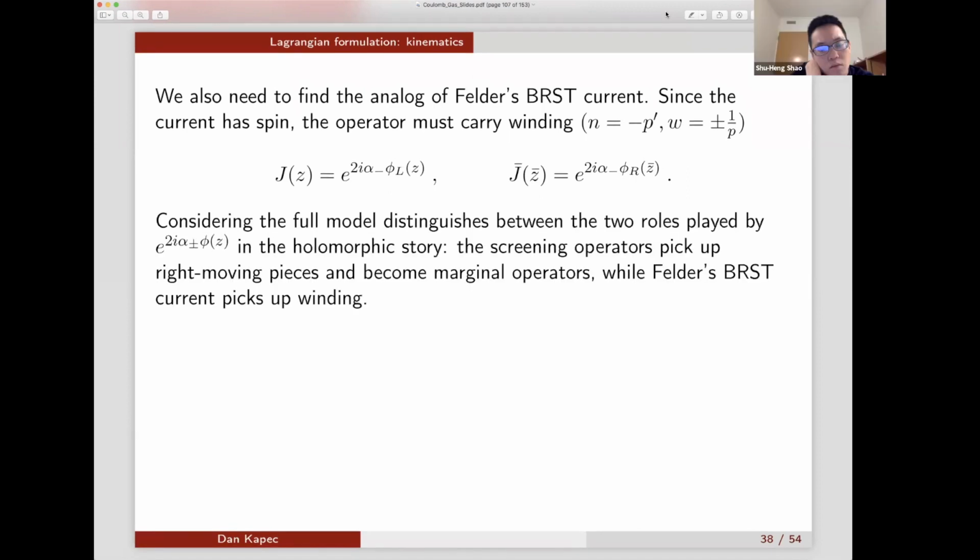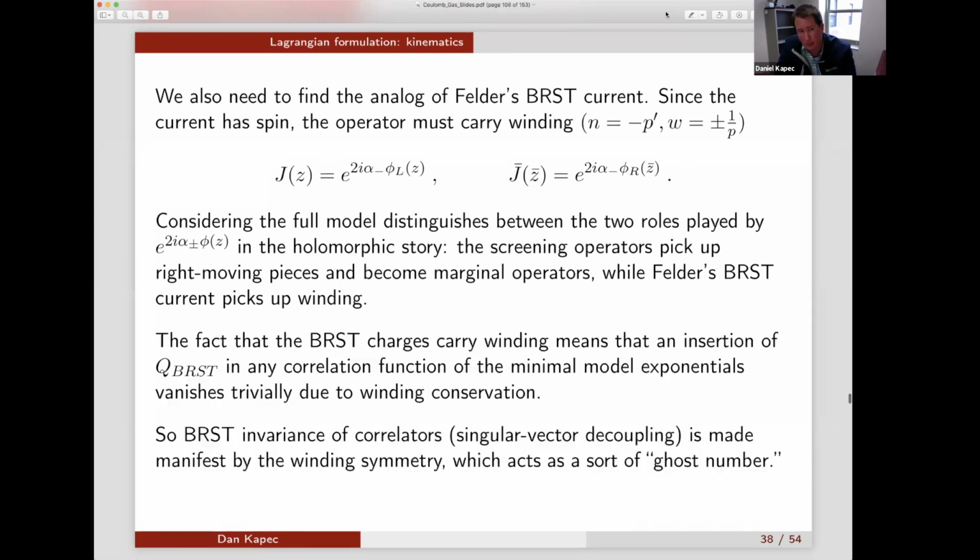So the point that I want to make first is that considering the full model lifts this degeneracy that you had between the two different roles played by these special operators with momentum 2 alpha plus minus. The screening operators pick up right-moving pieces and they become marginal operators, while Felder's BRST current, the thing that he was using those operators for, picks up winding and stays a current, okay?